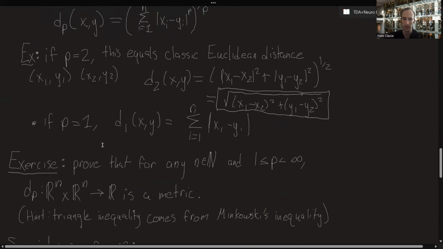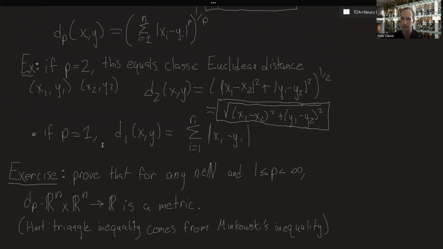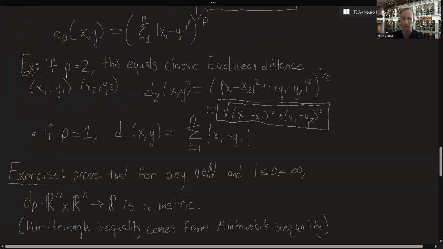As an exercise, we won't be covering this here, but it's a good exercise to try on your own: prove that for any n, a natural number, and p ranging from 1 to infinity, d_p from Rn cross Rn to the real numbers is a metric.